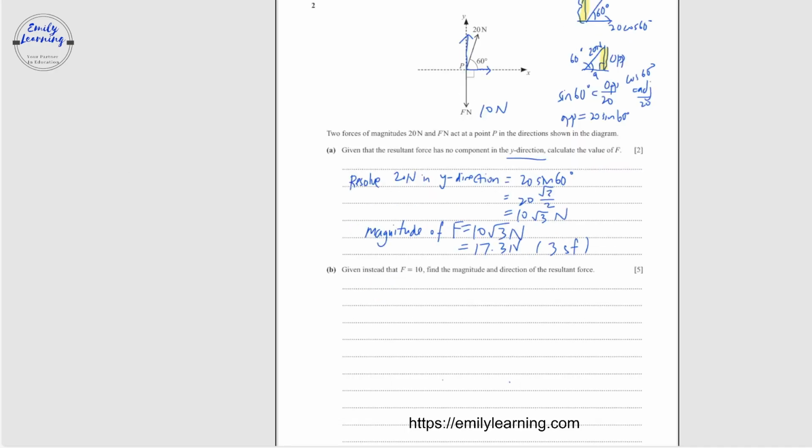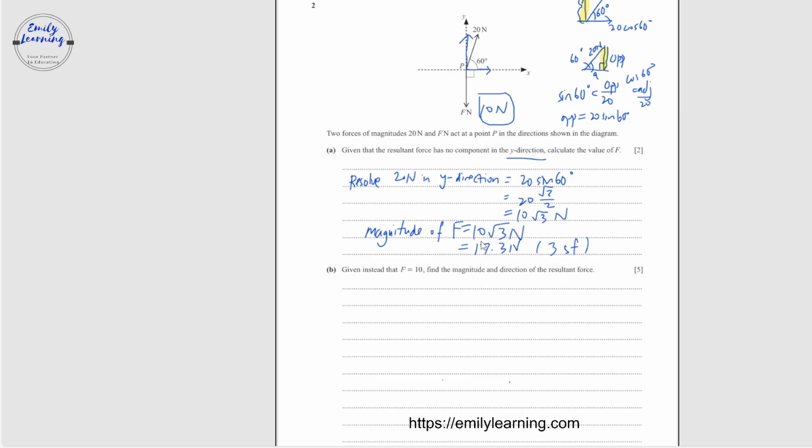So in part B, you are told that F is 10 newtons and to find the magnitude and direction of the resultant force. Okay, so to do this, what we will do is resolve the 20 newton force into the x and y direction.